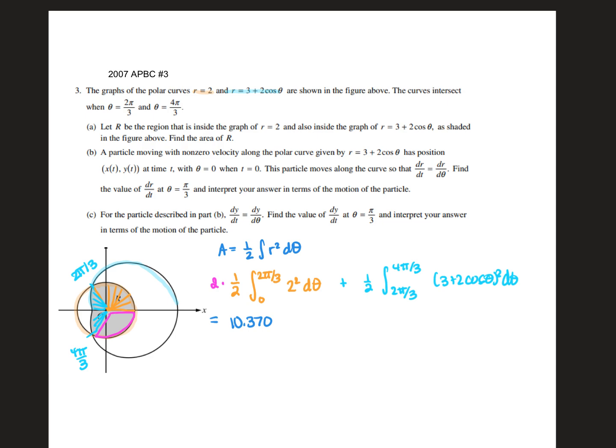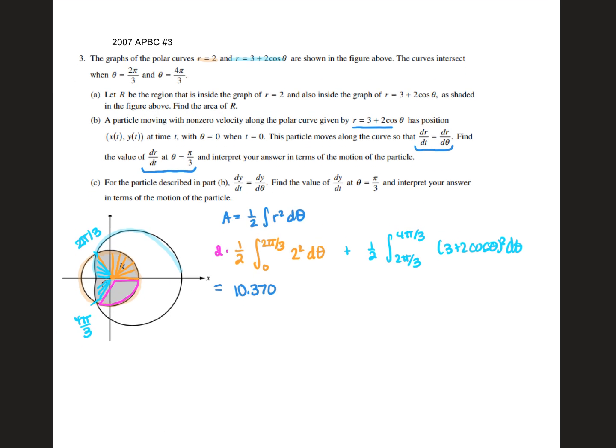Part B. A particle is moving with non-zero velocity on the cardioid, and between theta equals 0 when t equals 0, we know that dr/dt is equal to dr/d theta. We want to find dr/dt at theta equals pi over 3. So here, part B, we're using our cardioid, r equals 3 plus 2 cosine theta.